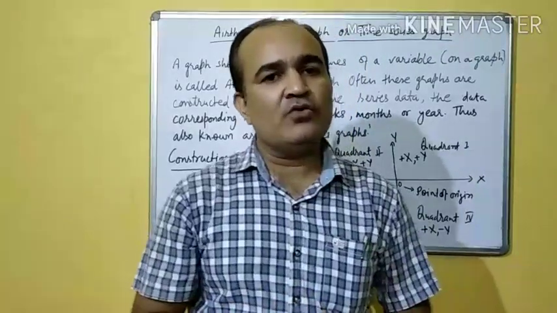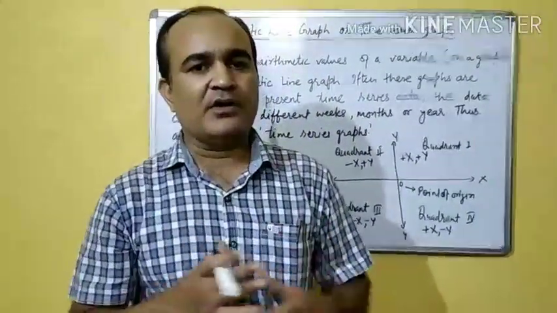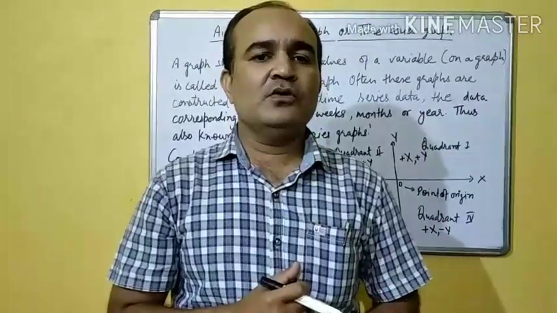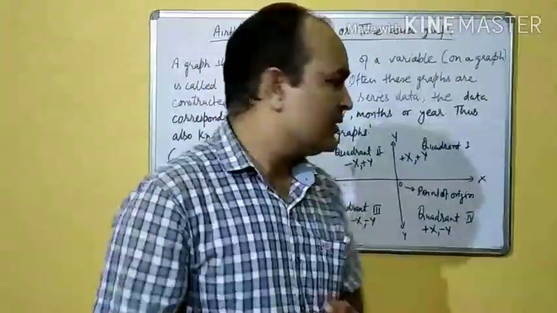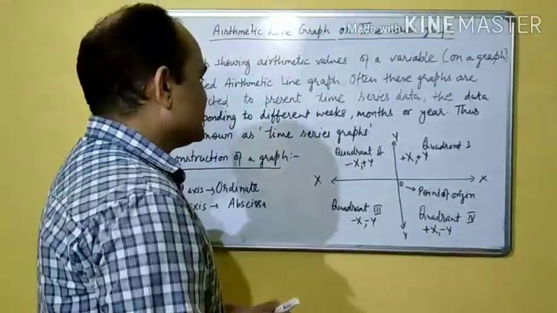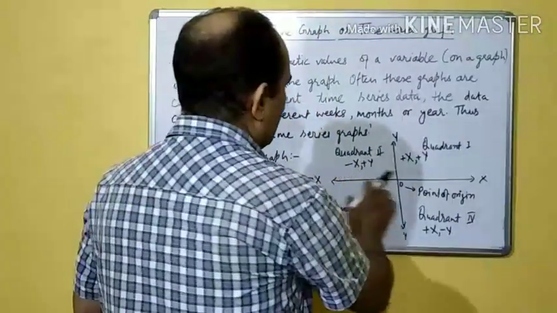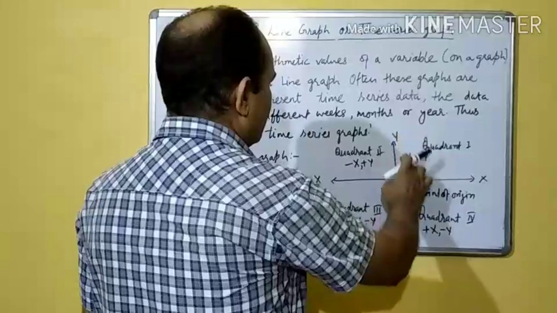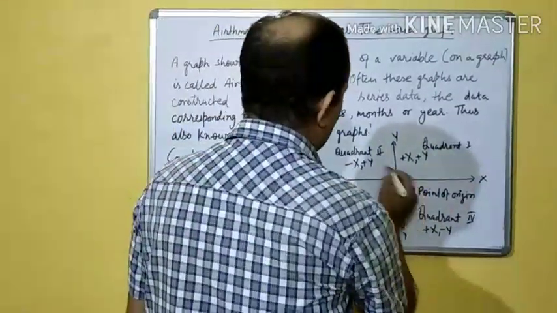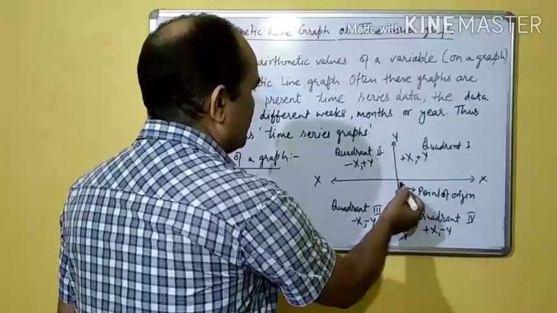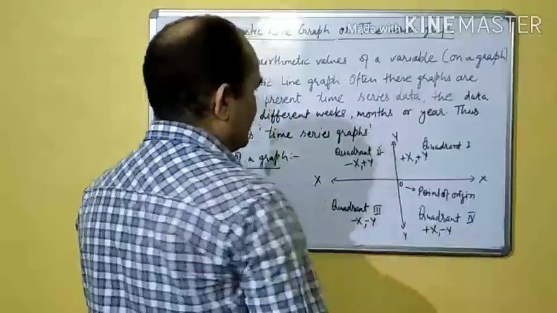Now we will see how we can construct a graph. So we have to understand the different components of a graph. Here in this picture you can see that I have drawn a horizontal line and a vertical line which is intersecting this horizontal line at point O, and this point O is known as point of origin.